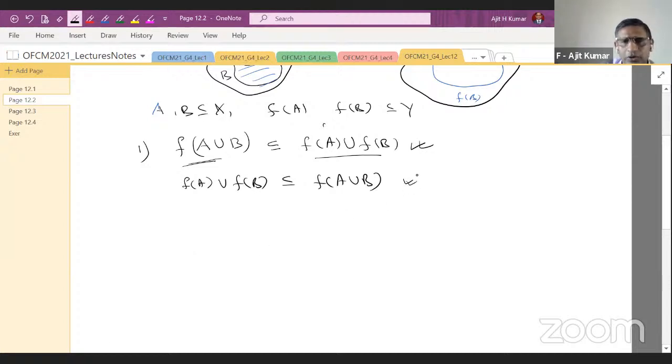From this, does it follow? Can you make use of that result to show this?